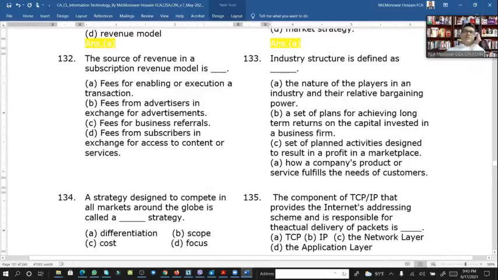The source of revenue in a subscription revenue model is, there are different types of models also, though we don't discuss them here, but just for understanding. The answer is D, because the source of revenue in a subscription revenue model is fees and subscriptions in exchange for access or control over a service. For example, we are members of CN Institute.